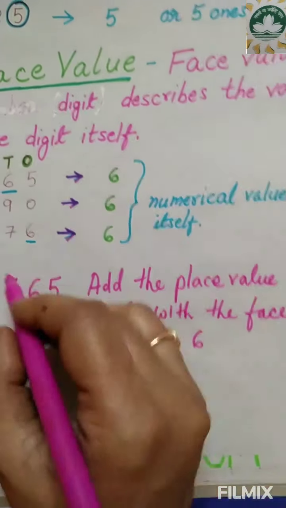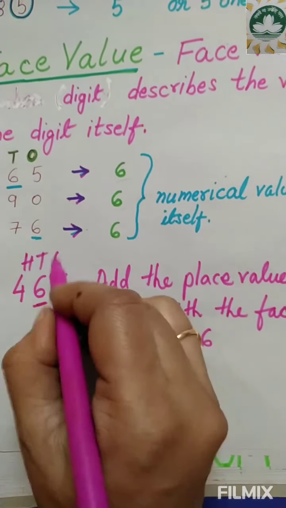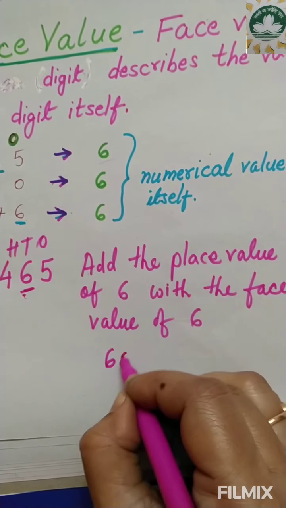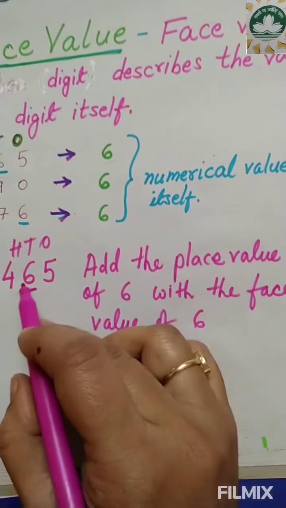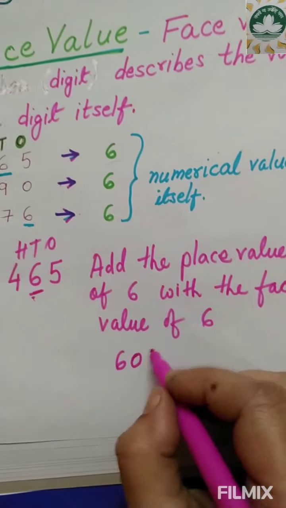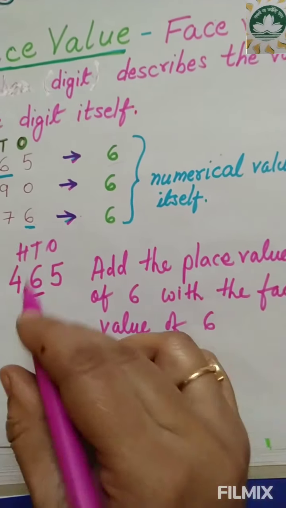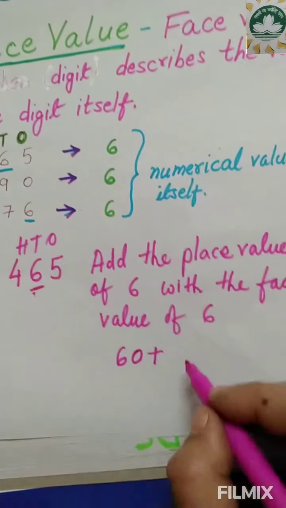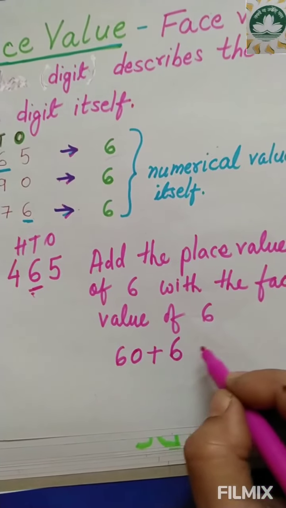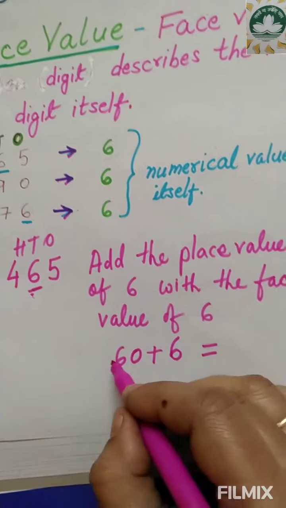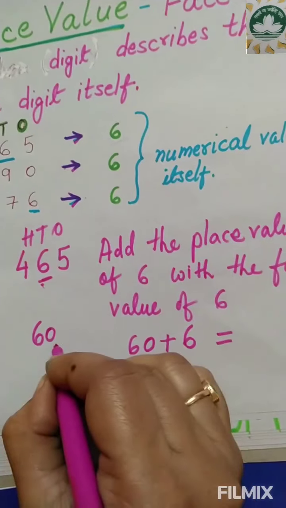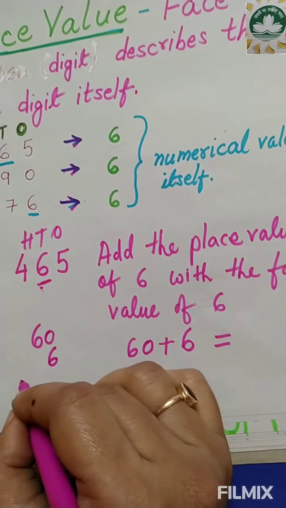So what is the place value? If you write down HTO, the place value of 6 is 60, 6 tens. And the face value of 6, if you add the place value of 6 with the face value, now face value will remain the same. So 6, that is once. So you can write it in this manner also, 60 plus 6.